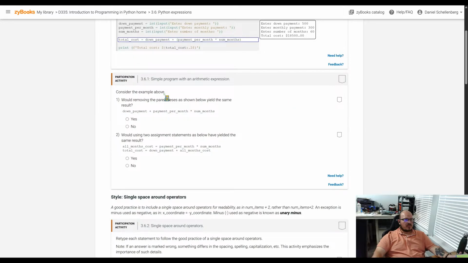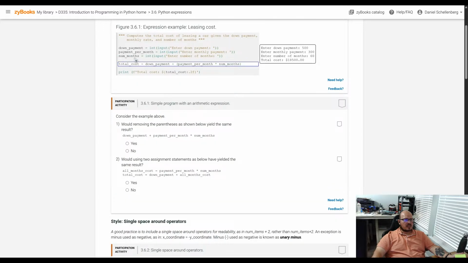Consider the example above. Would removing the parentheses as shown below yield the same result? So down payment plus payment times number of months.